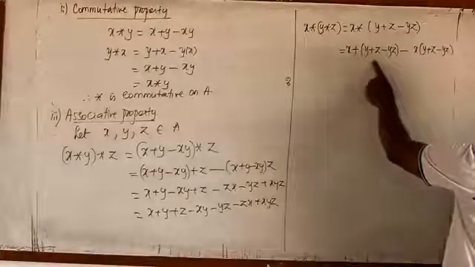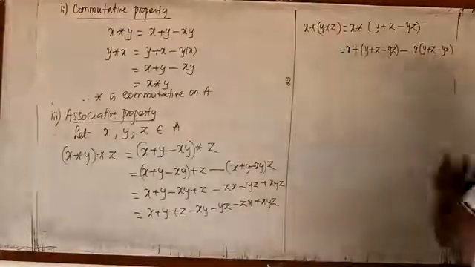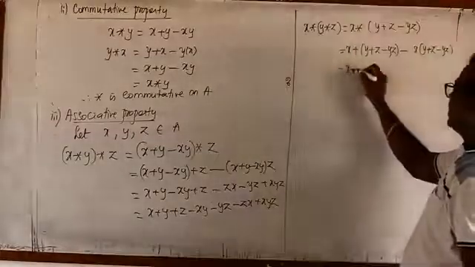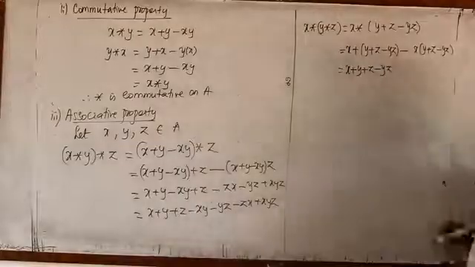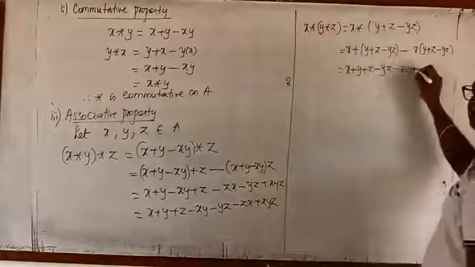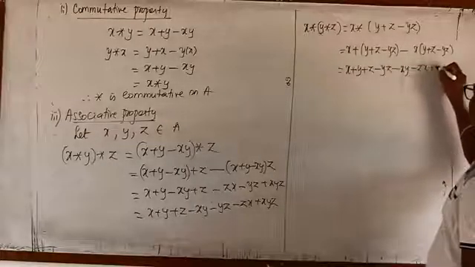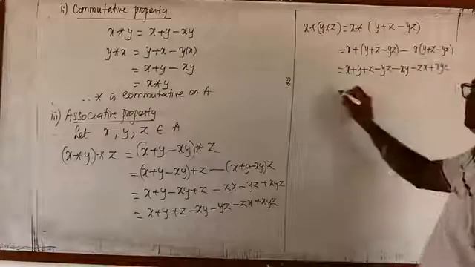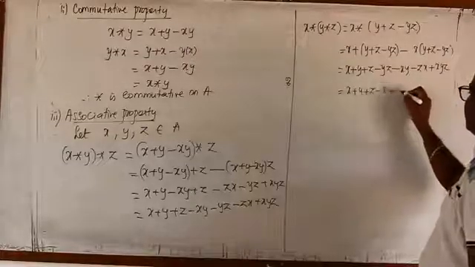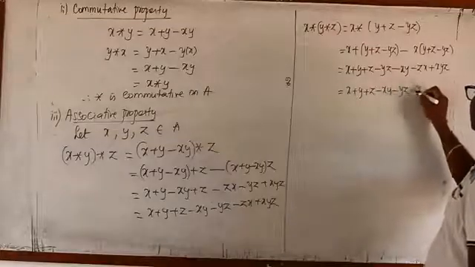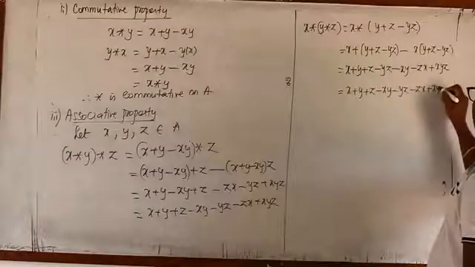I must add these two, multiply these two, and then subtract. Here removing the bracket: x plus y plus z minus yz, multiply with minus x: minus xy minus zx plus xyz. So it is x plus y plus z minus xy minus yz minus zx plus xyz.